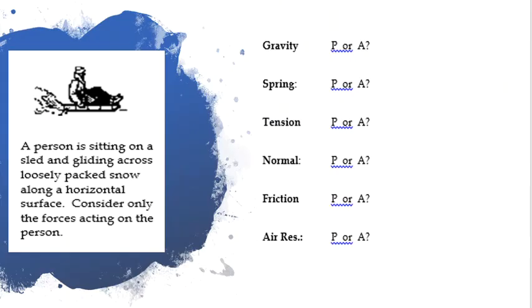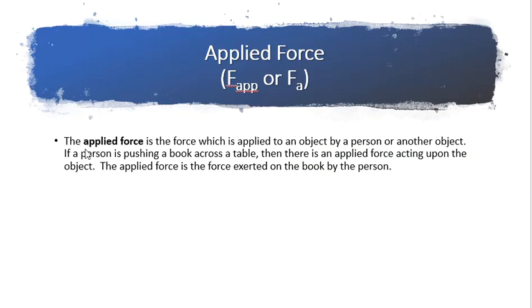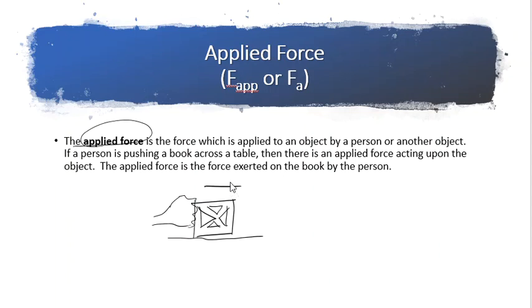Another type of force is called applied force. So when you have a box or a crate and you are pushing the crate in a leftward direction, you are putting an applied force.